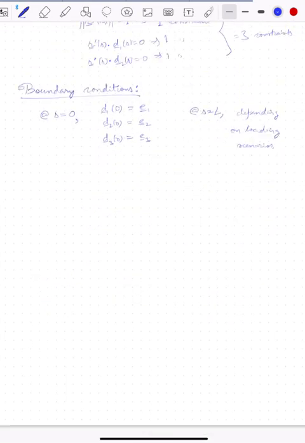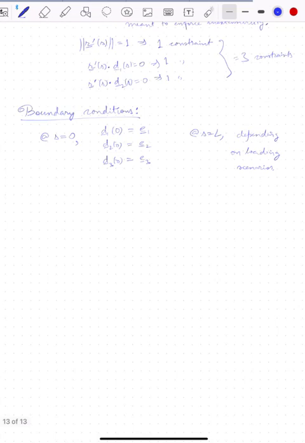So this was a very brief overview of rod equations or rod theory.